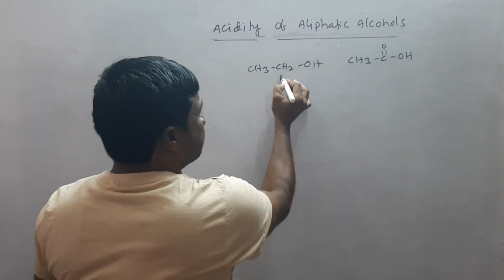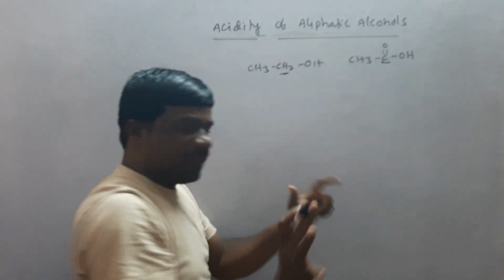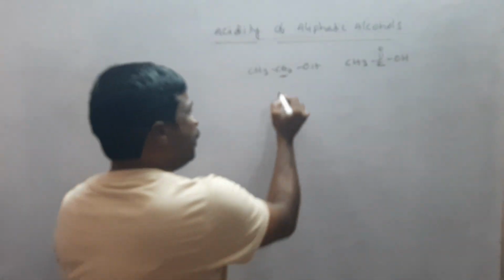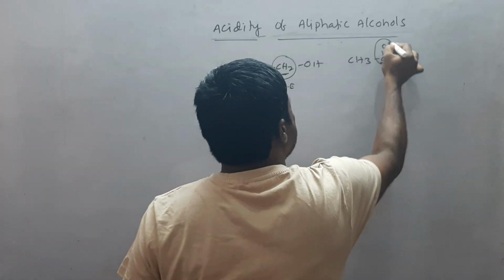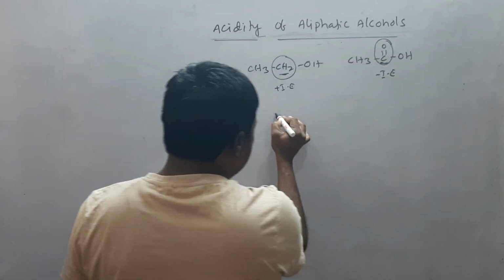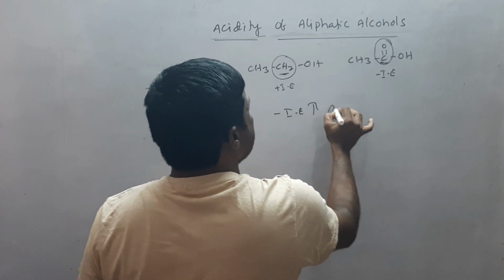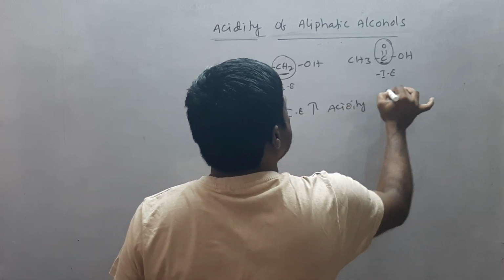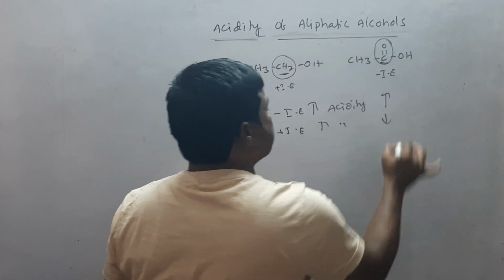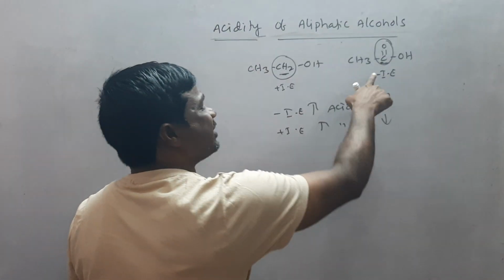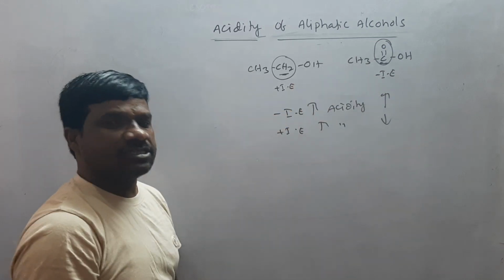In this case, this group is different and the remaining part is the same. Here this is acting as a plus I group, whereas this one is acting as a minus I group. What we wrote: minus I group increases acidity, plus I group decreases acidity. So carboxylic acids are more acidic than alcohols.